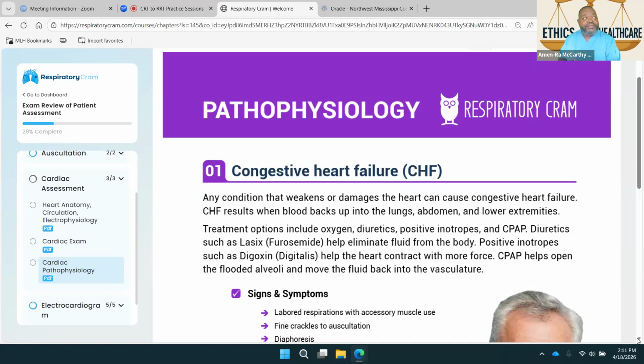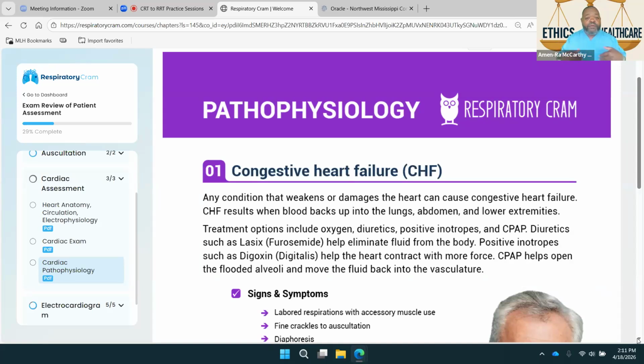Digitalis is another trade name, and those help the heart contract with more force. CPAP often helps open the flooded alveoli and move the fluid back into the vascular space. That's what I just said. If there is fluid in the alveoli, furosemide or Lasix cannot work. It cannot get into the alveoli to do anything.